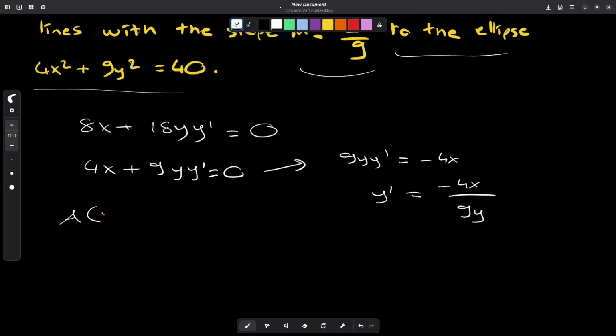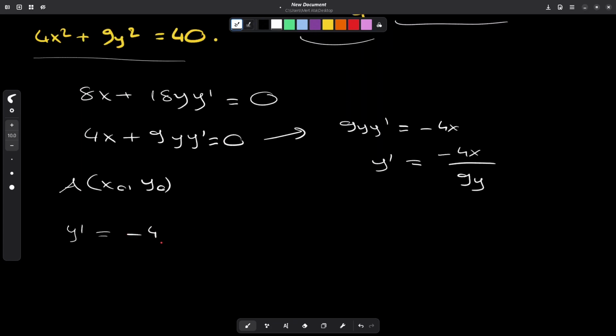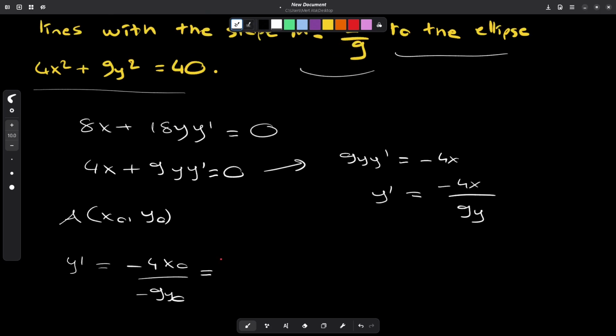Let the point be (x0, y0). We need a point on the line, right? I assume it's this point. So my y derivative is equal to negative 2 over 9. So negative 4x0 over 9y0. Let this be equal to negative 2 over 9.